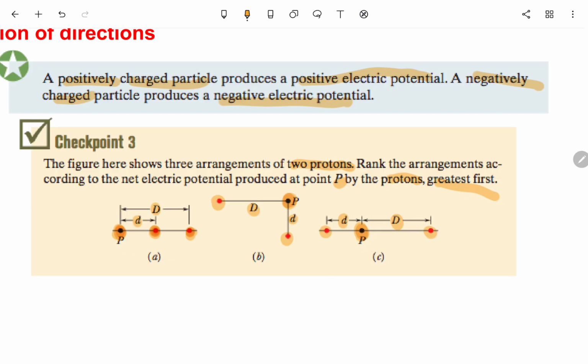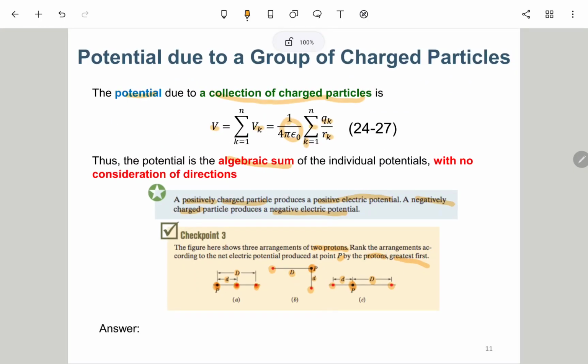No. B? Okay. C? No. Okay, so what is the answer? Maybe you say the question is a little bit tricky, as to who is the greatest. But actually, the potentials are the same.